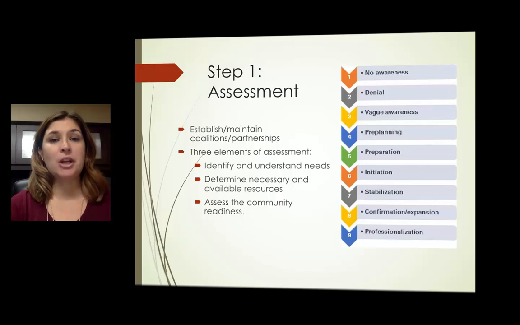The higher stage of community readiness, the more availability of prevention programs are in the community. This phase is important because it helps you develop a framework or model of change in your community.